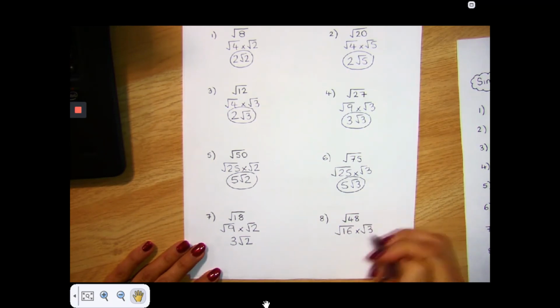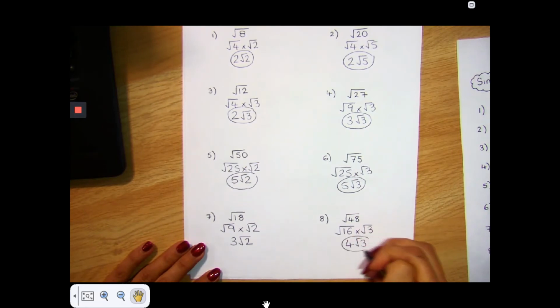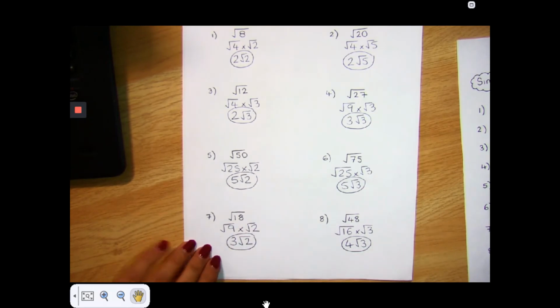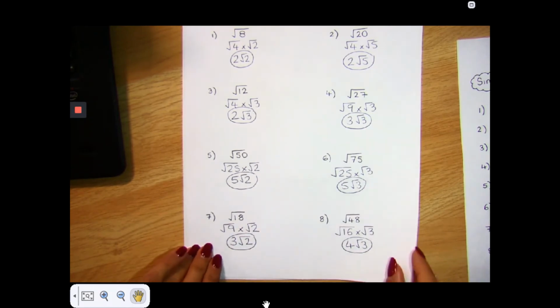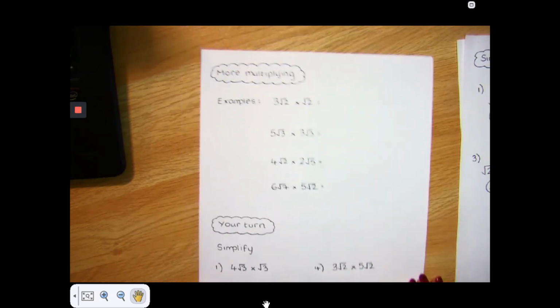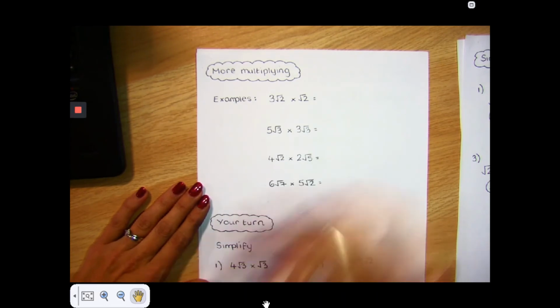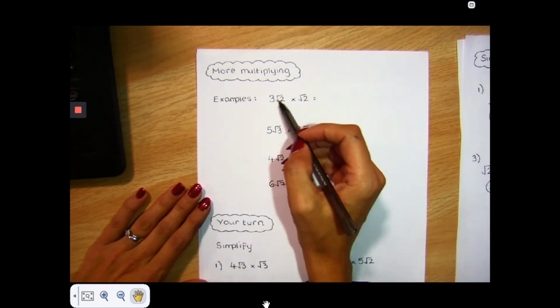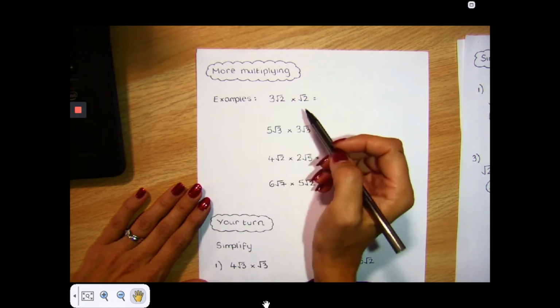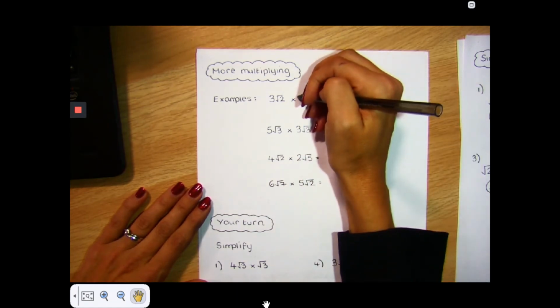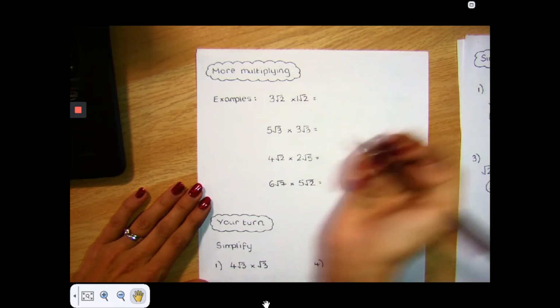A bit more on the multiplying. Here are some examples of where we've got a normal number and a surd multiplied by a surd. So here what we're doing is we're remembering that in front of this surd there's a 1 that's invisible to us. But we know it's there, so we're going to do 3 times 1, which is 3, and multiply that by the answer to root 2 times root 2, which is 2, and 3 times 2 is 6.